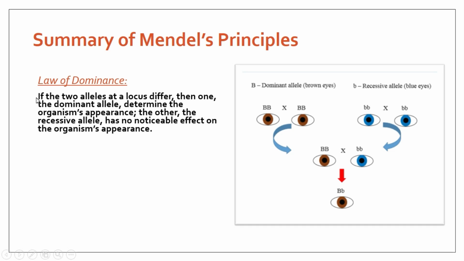So we can say that if two alleles at a locus differ, then the dominant allele determines the organism's appearance. Here, the brown color is the dominant allele. The recessive allele, this one, has no noticeable effect on the organism's appearance.